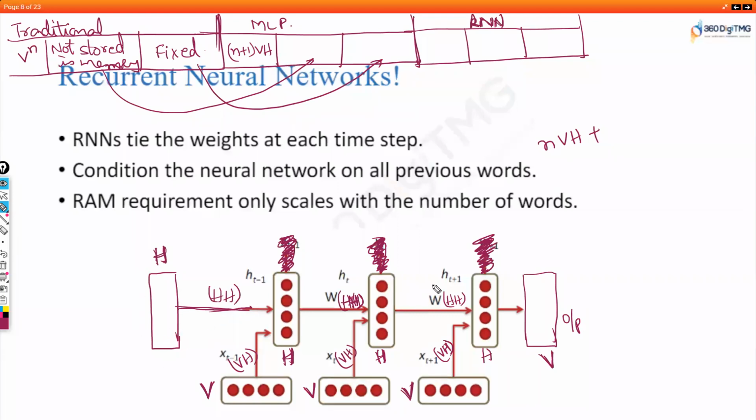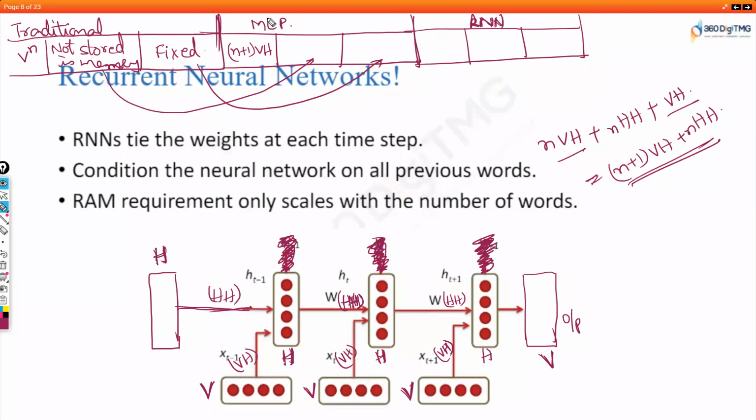And if you have N words, you'll have N into HH. Plus, in the final layer also, you have V into H. So if I simplify it, it'll be N plus 1 into VH plus N into HH. Here in MLP, you have only N plus 1 into VH, but in RNN you have N plus 1 VH plus N HH. So the number of weights is huge in RNN, more than MLP.